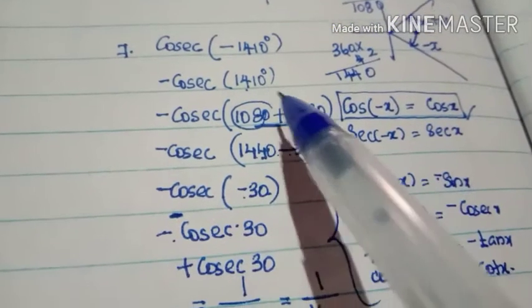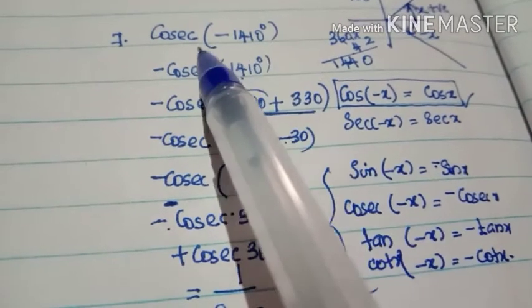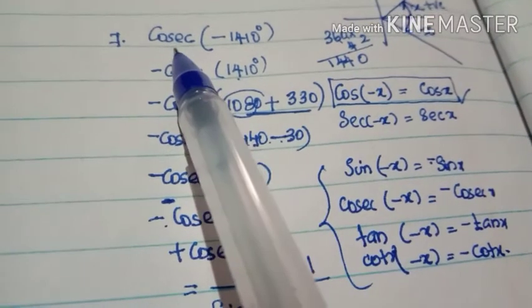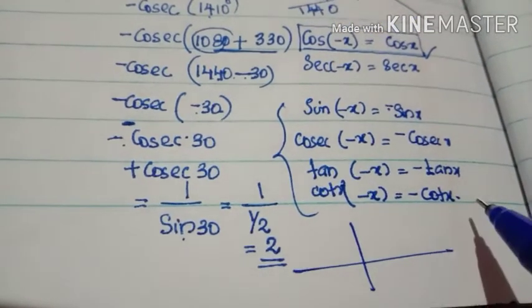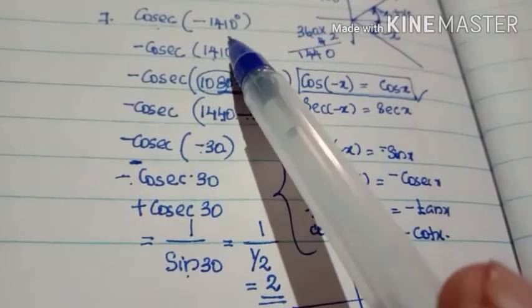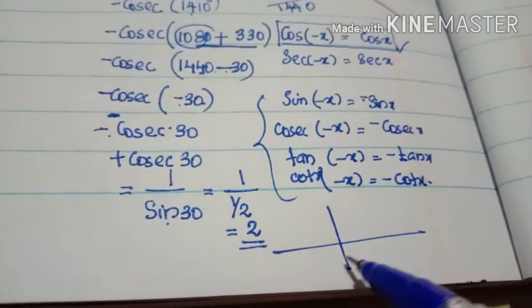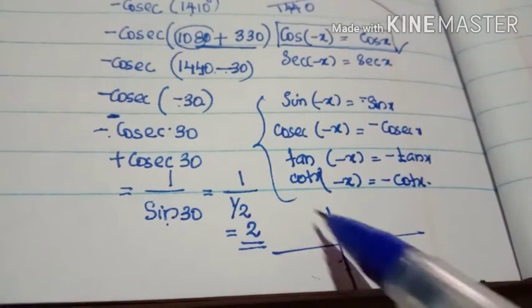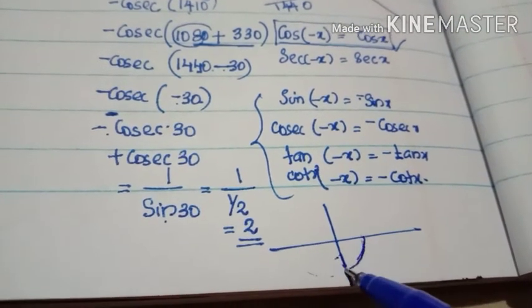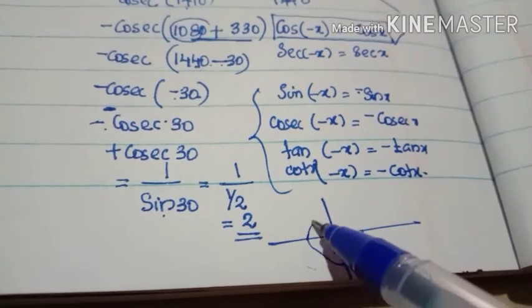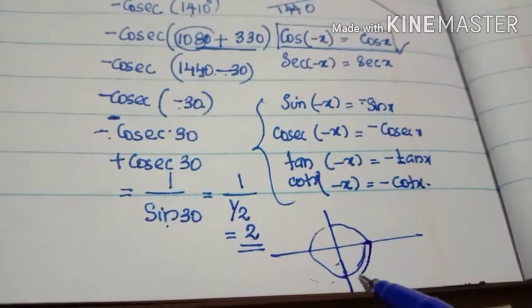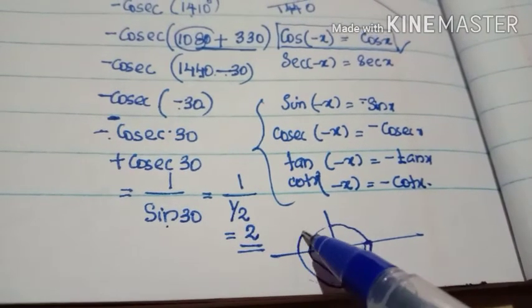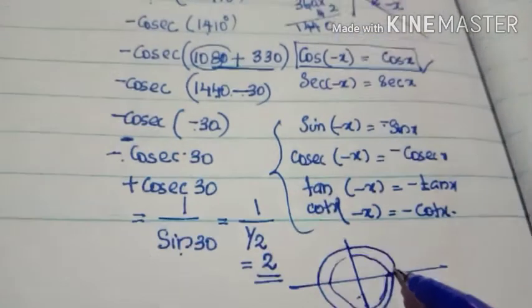So move back to this angle. The original function cosec, and the angle 1410. It is a negative angle, so we can measure in this direction. So it is 90, 90, 90, 90, 360. One more rotation, 360 plus 360, 720.